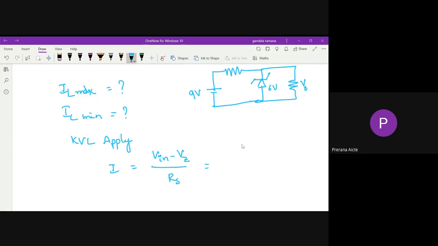What is the Vin voltage? 9 volts minus 6 volts by 50. How much? 3 by 50. So you have to find out the current.